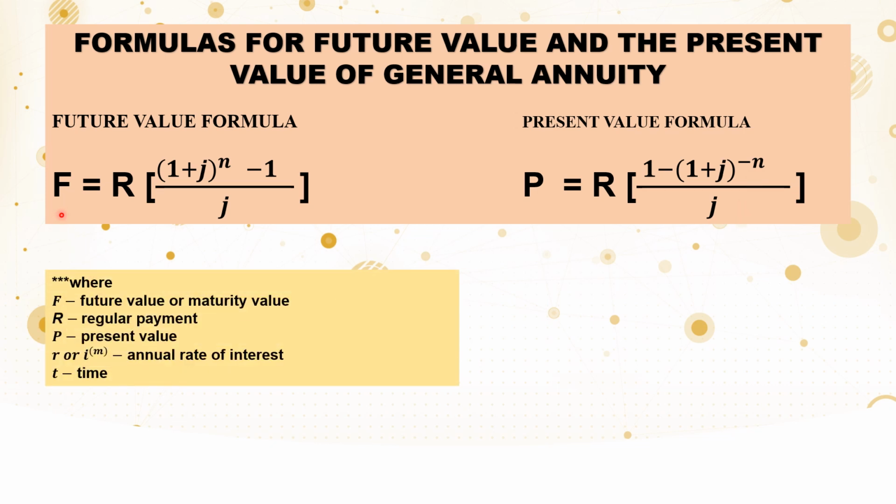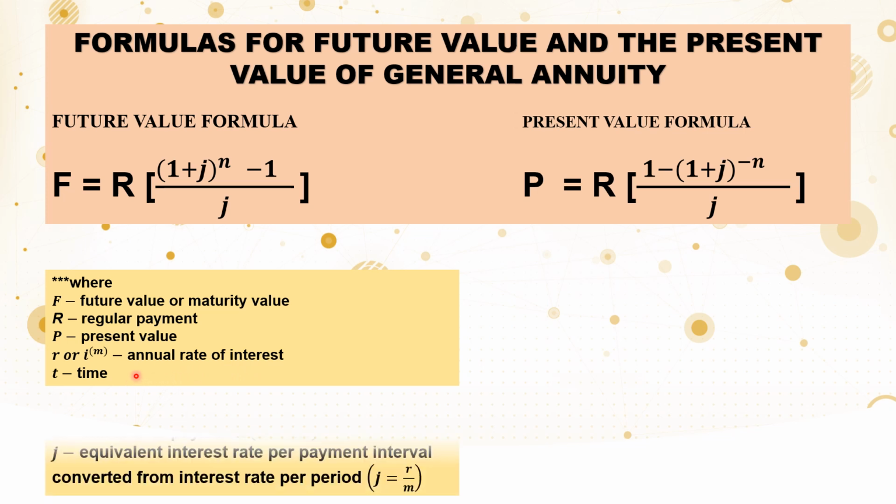Where F is the future value or maturity value, R is the regular payment, P is the present value, I raised to M is the annual rate of interest, and T is our time.